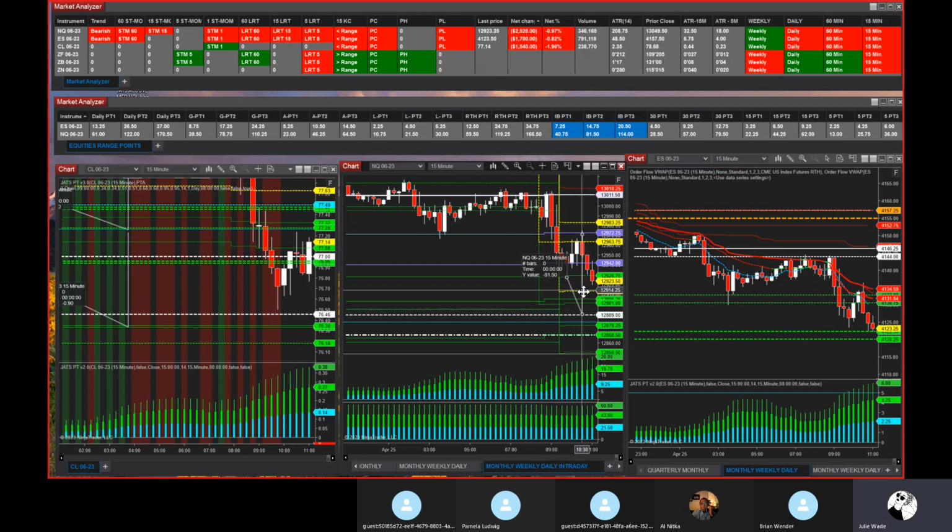There's your 1 hour IB risk. 62 would be a 15-minute. So here's our 15-minute bar, and we're currently at 44.25, or 22.25.